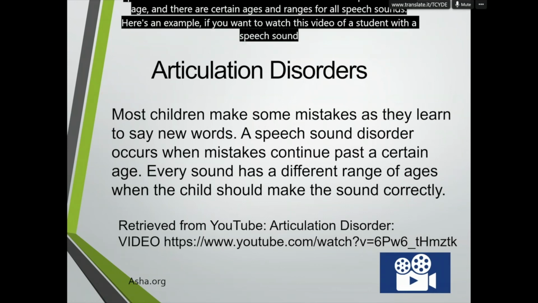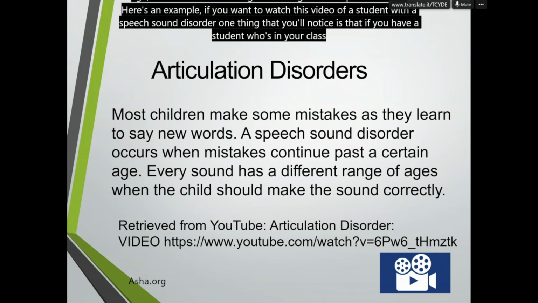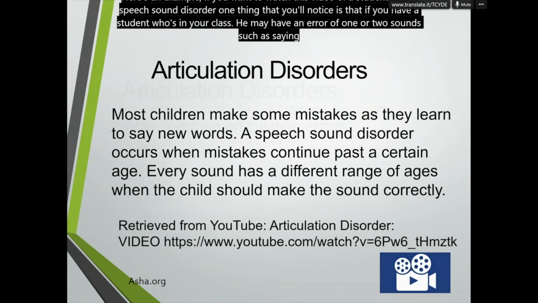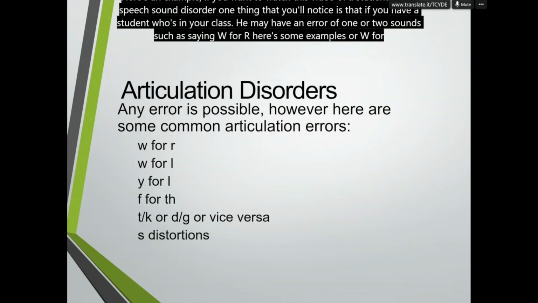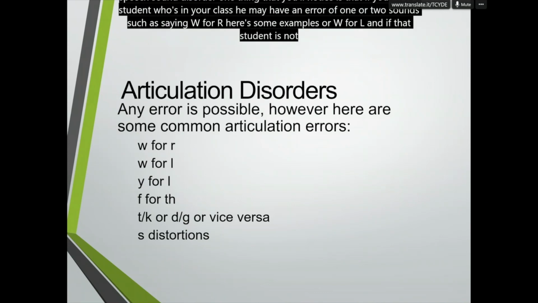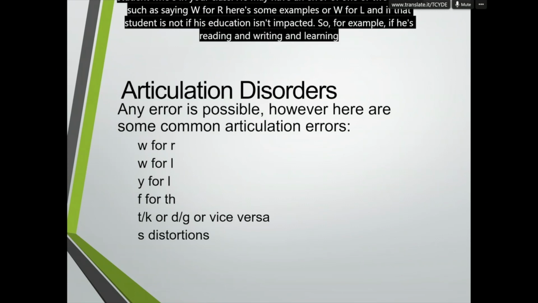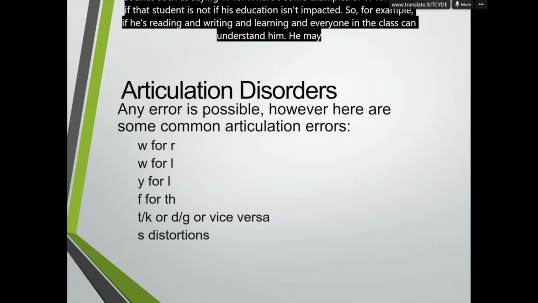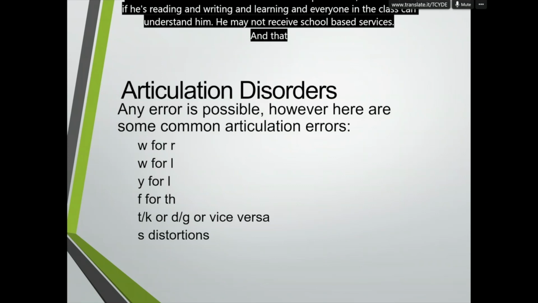One thing that you'll notice is that if you have a student in your class, he may have an error of one or two sounds, such as saying W for R, or W for L. And if his education isn't impacted, so for example, if he's reading and writing and learning and everyone in the class can understand him, he may not receive school-based services, and that is well within the educational law because it's not impacting educational development.